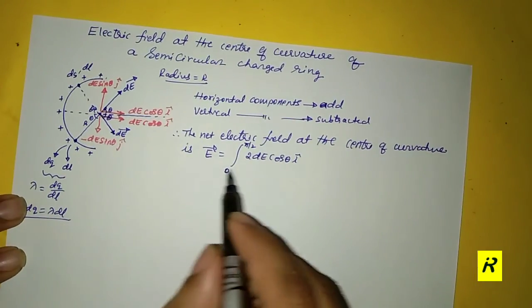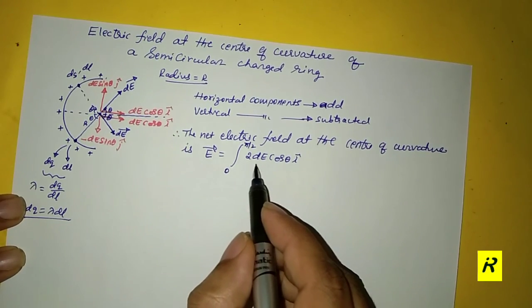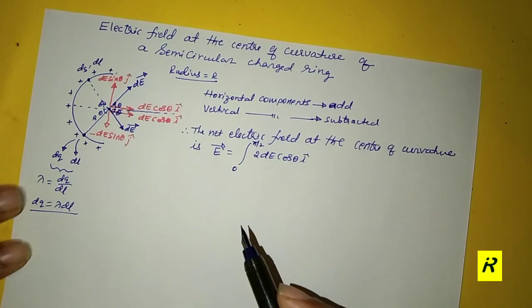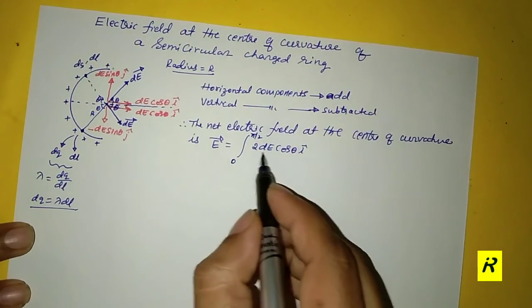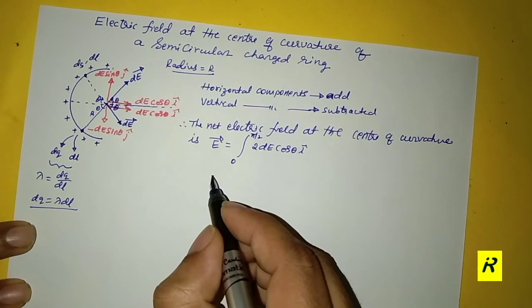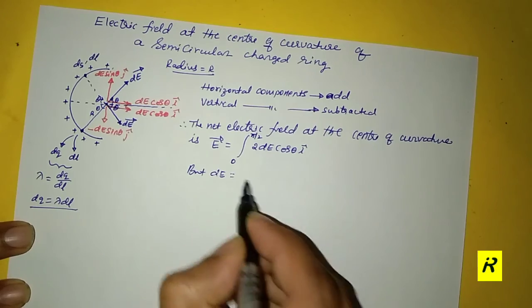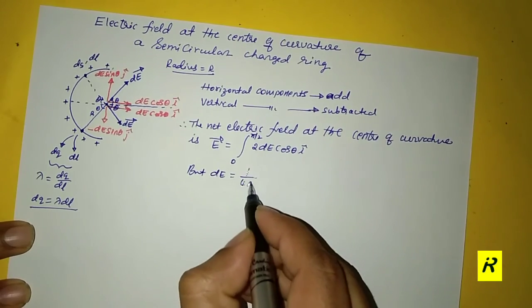So once I do this, I simply go for the substitution of dE and cos theta. What can I do now? What actually is dE? dE is 1 by 4 pi epsilon naught.